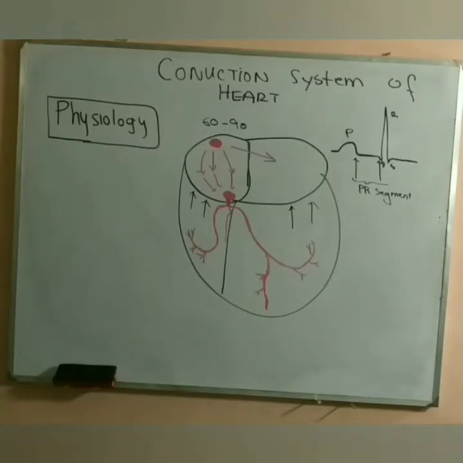The PR segment is from the end of the P wave to the start of the QRS complex, and this signifies the very time when the impulse is passing through the AV node. So this is the normal physiology of the conduction system of the heart.